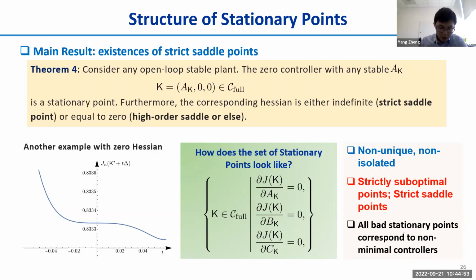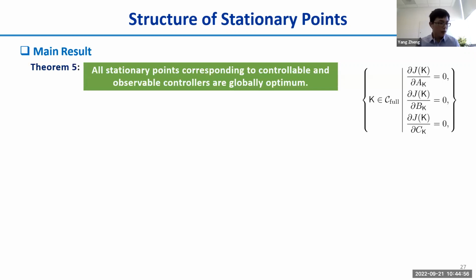And then we have another positive result, which is saying that if you are at a stationary point plus some structural property saying that the point corresponds to a controllable and observable controller, then we can certify this point is globally optimal. So for this particular non-convex optimization, a stationary point is not enough to certify global optimality, but with the structural property that the point corresponds to a controllable and observable controller, we can prove it's globally optimal.